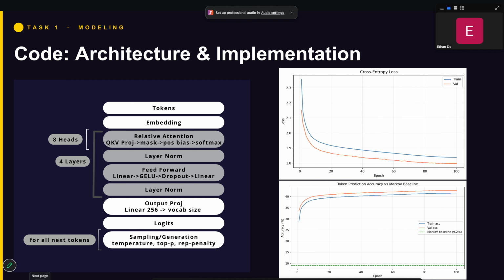We're using output projection to map it back onto the 268 logits. And then at generation time, we'll apply temperature, repetition penalty, and then top P transformations before sampling the next token. And then we repeat these steps until we get the full MIDI file that we want. Next slide, please.